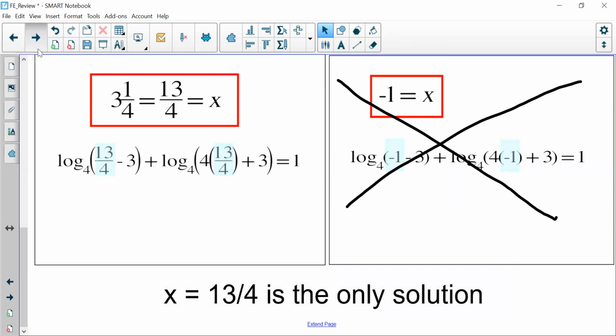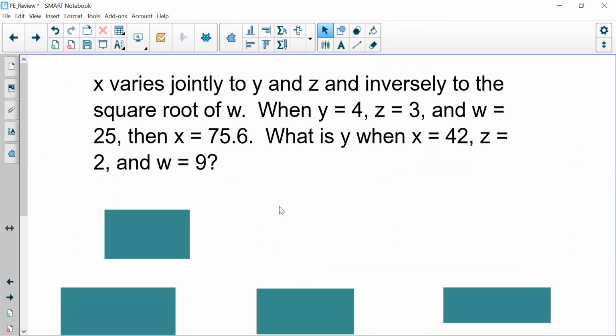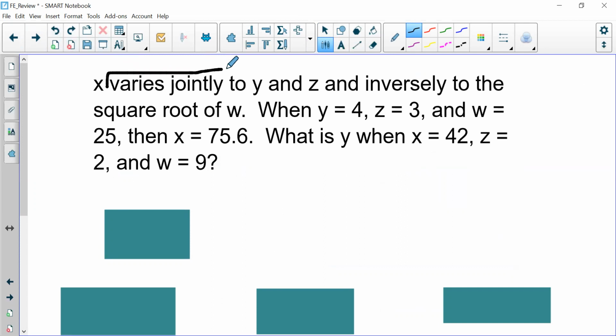Third and final problem. Please read the question, pause the video, and try to solve this one. So we've got a phrase we haven't heard in a while. To vary jointly means that two or more things are being multiplied, two or more. And they should be listed right away.